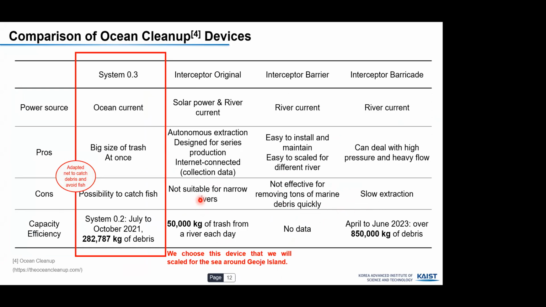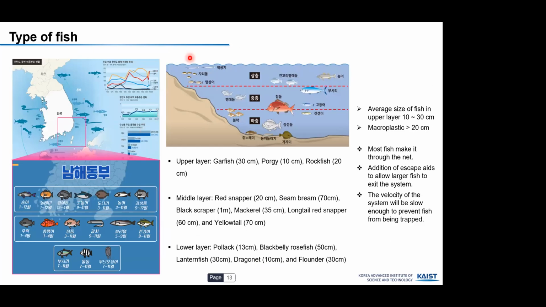So now that we chose the size of the trash, the only remaining problem is the possibility of catching fish, because we can adapt the net to catch the debris, but we also need to avoid fish. So we looked for the types of fish located in our location. We saw there are 3 layers: upper, middle, and lower.